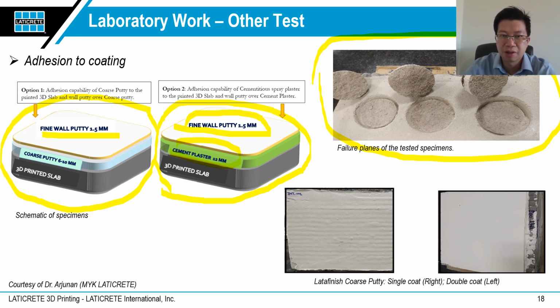The failure planes occur within the coarse putty or plaster. So cohesive failures within the base coat matrix is an indication that the adhesion between the 3D printed slab and the base coat is very strong. The test results satisfy the requirement for tensile adhesion test based on the EN 1015. These tests were conducted by our team in India. Moreover, if you can take a look here, the thickness of the finishing surface is also being affected by the smoothness of the surface of the printed slab.